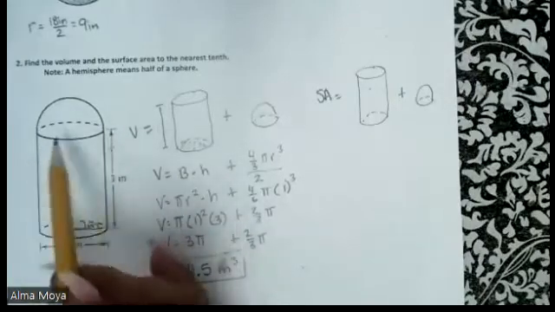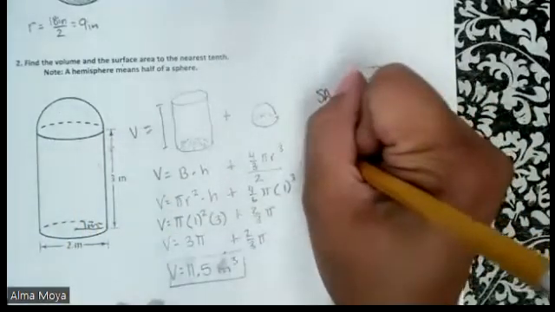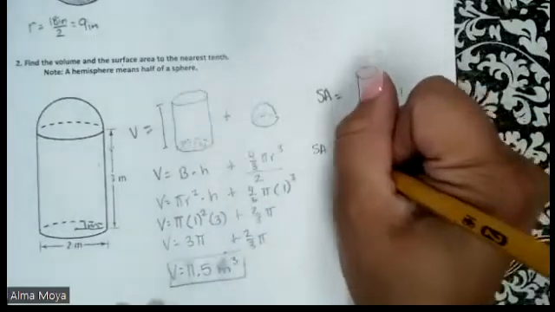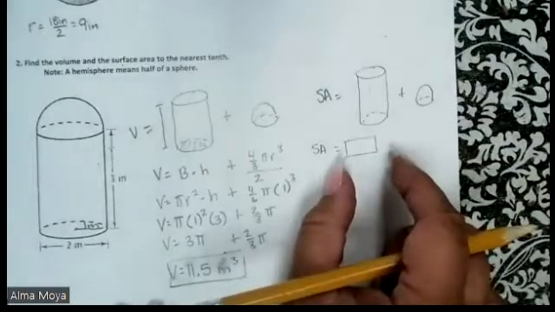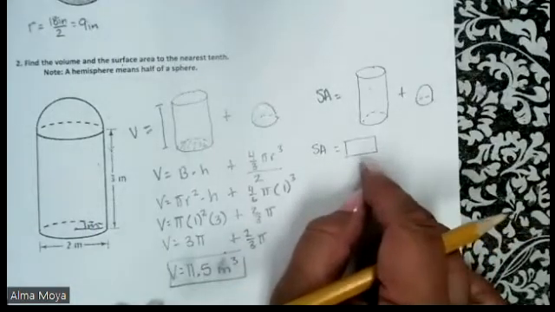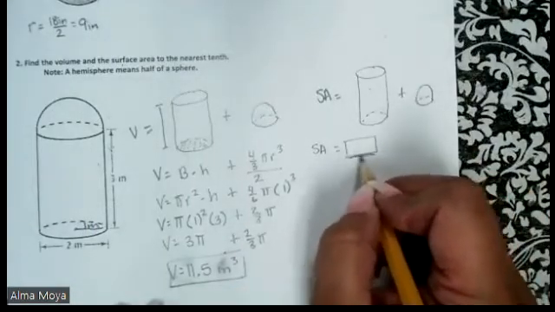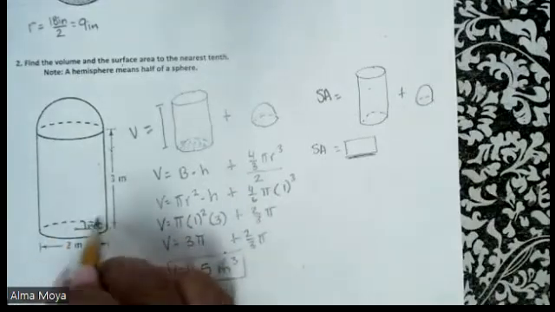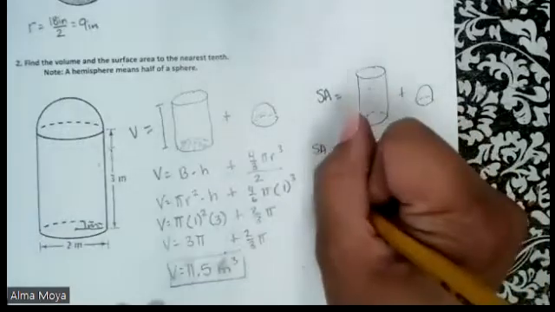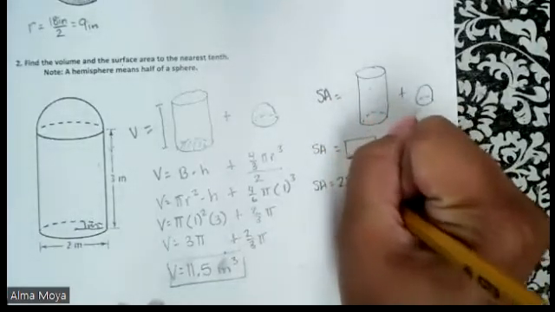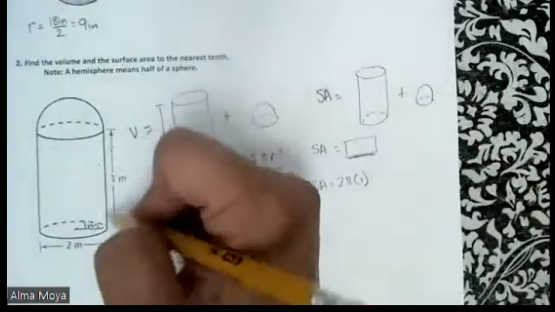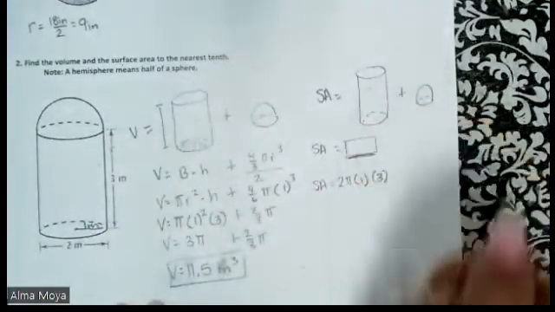So that's basically going to be the outside of this. Like if I were to actually cut it out and lay it out, and then the circles, basically you could fold these two in. So this measurement right here is the circumference. That's the outside. And circumference is given by 2 pi r. So this is going to be 2 pi, the radius is 1. And then you're going to multiply by the height, which is 3.